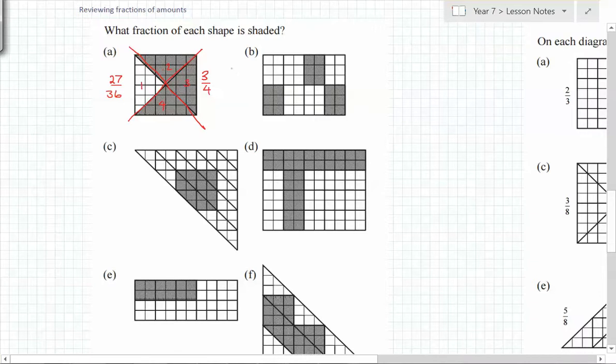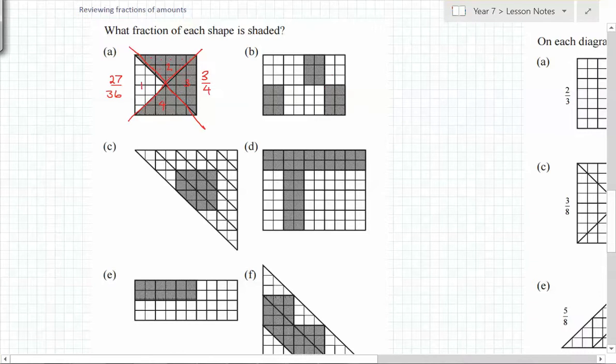But that's easier because they're halves, so we've got 1, 2, 3, 4, 5, 6, 7, 8, 9 in each triangle. So 3 lots of 9 shaded makes 27. So there are 2 ways to do it. Either way is correct.